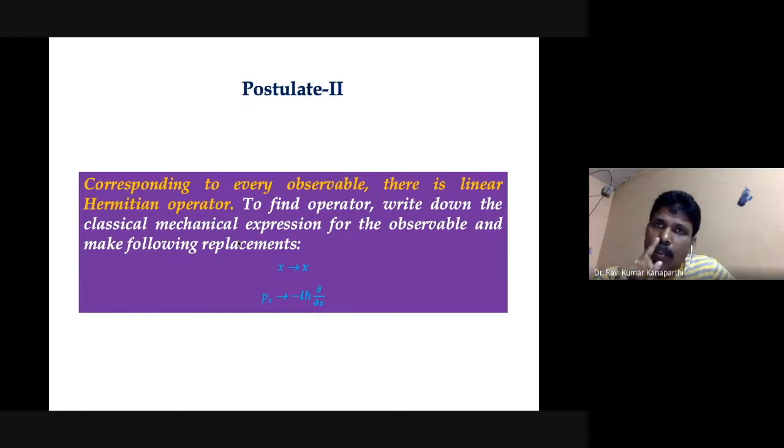One is wherever you come across a variable x, replace it with x. If you come across a momentum px in the classical mechanical expression, replace it with minus i h cross dou by dou x.